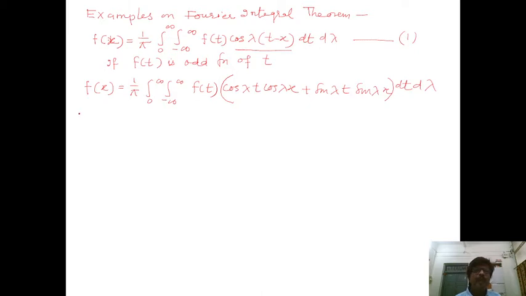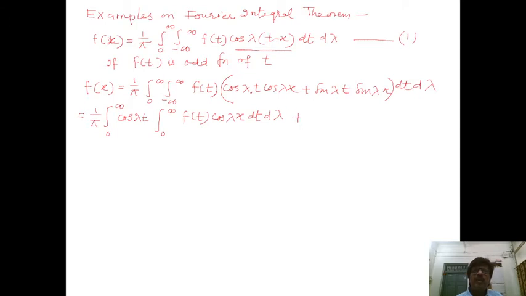Now this gives me two different integrals like this: 1 upon pi integral 0 to infinity cos of lambda t into integral minus infinity to infinity f of t into cos of lambda x dt d lambda, integral number 1, plus.